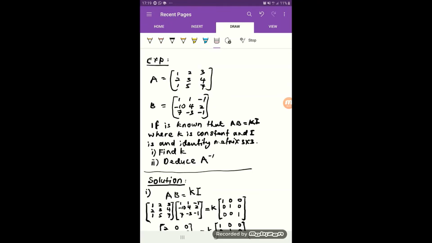So, how to find inverse matrix using the property of AB is equal K? It's given matrix A and matrix B, where matrix A and matrix B are square matrix 3 times 3.